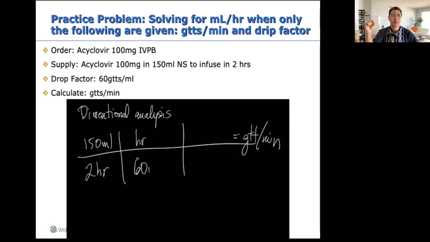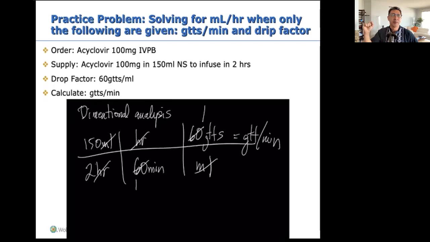I have to convert it into minutes because it's asking for drops per minute. The last one is my drop factor of 60 drips per mL. I'm going to start crossing off some stuff here, hours to hours. So now I'm left with drips per minute.